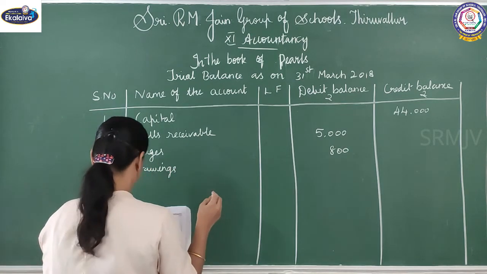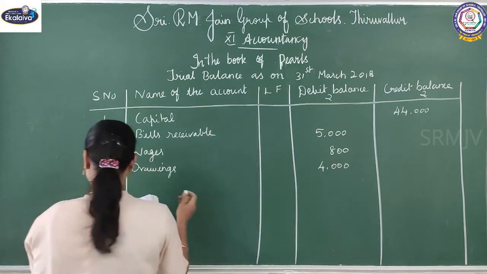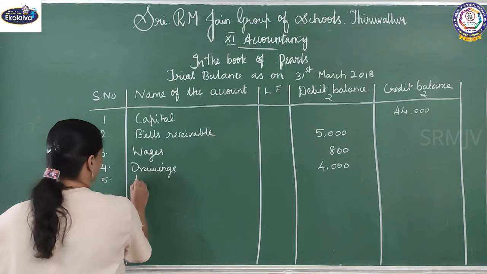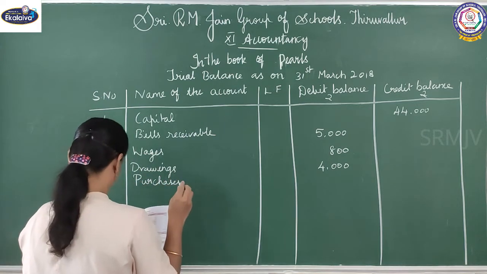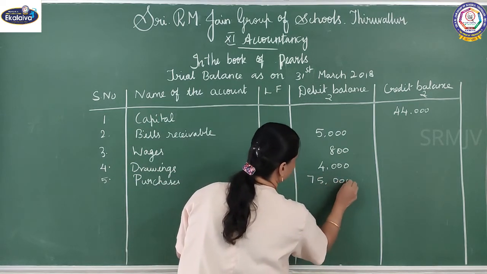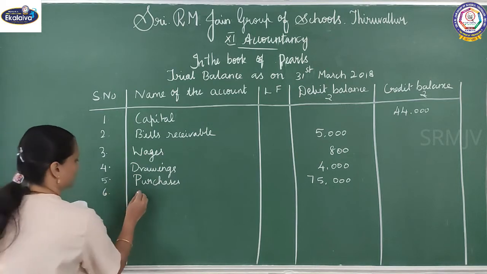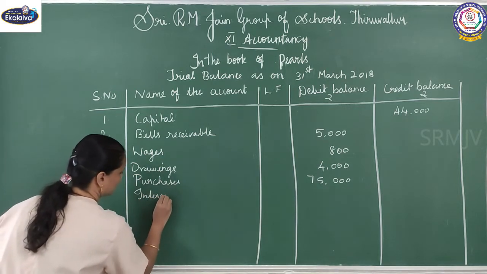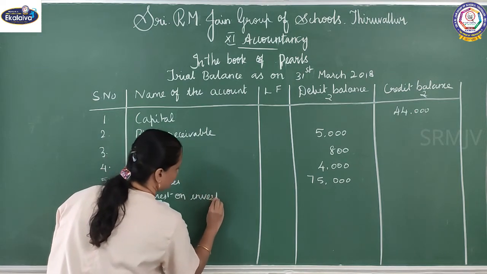Drawings 4,000. Purchases 75,000, and then interest on investment.